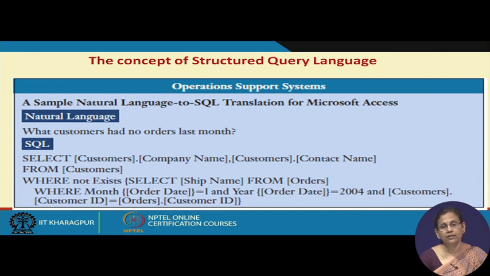Let us say it is a part of customer relationship management, and your marketing person is trying to figure out which customers, say you are a retail store and customers regularly buy from you, have made no purchase last month.